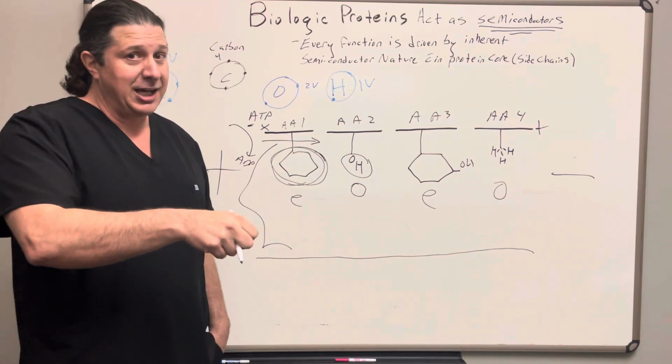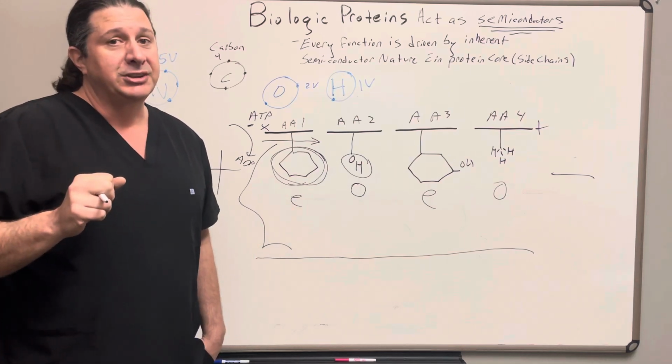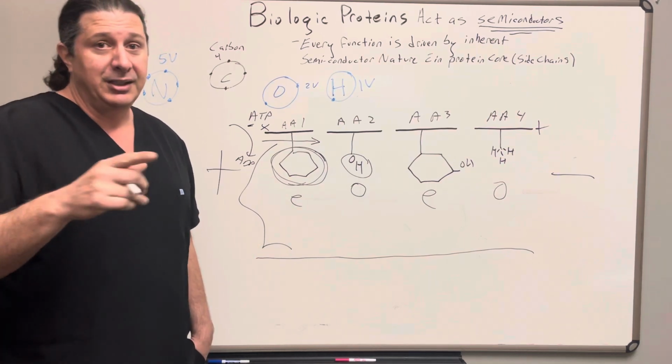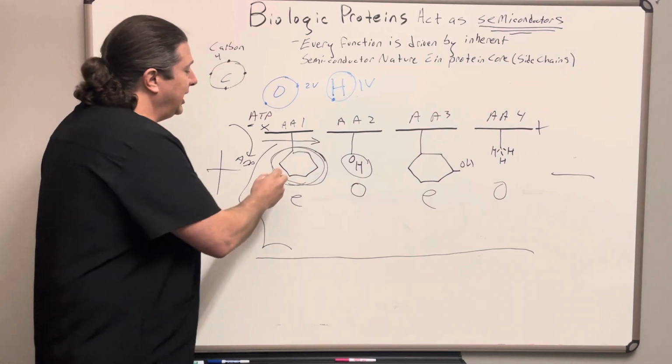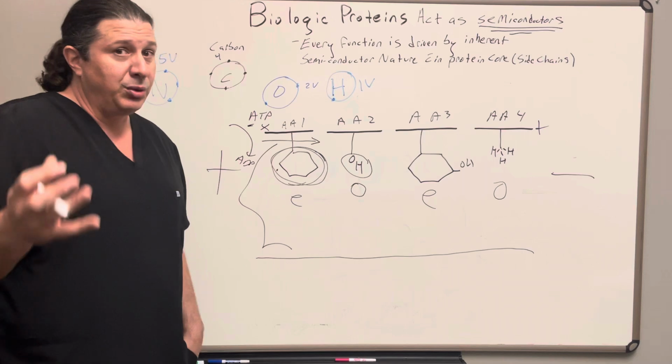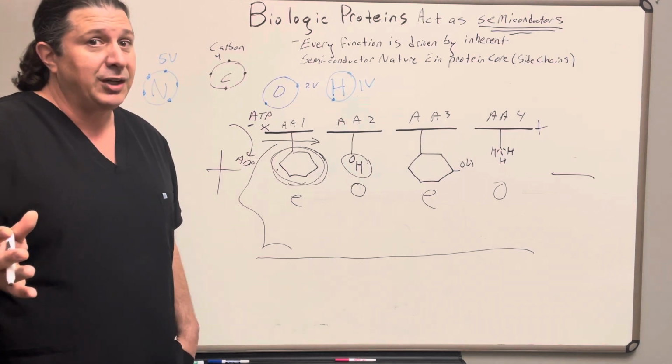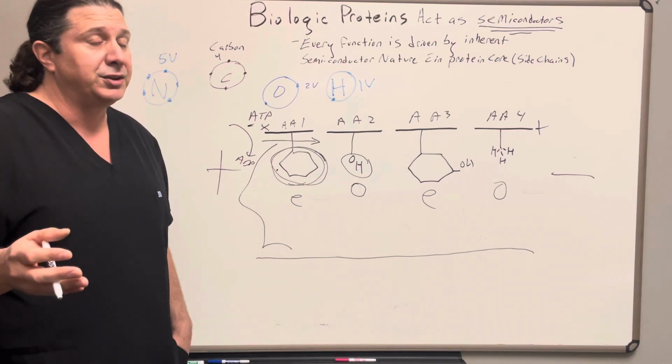Or the reverse can happen. We can pull electrons from the substrate, oxidizing the substrate to make a chemical reaction happen. So interactions with electromagnetic energy in this system have their own inherent natures that's going to change how the protein functions or drive the function of the protein.